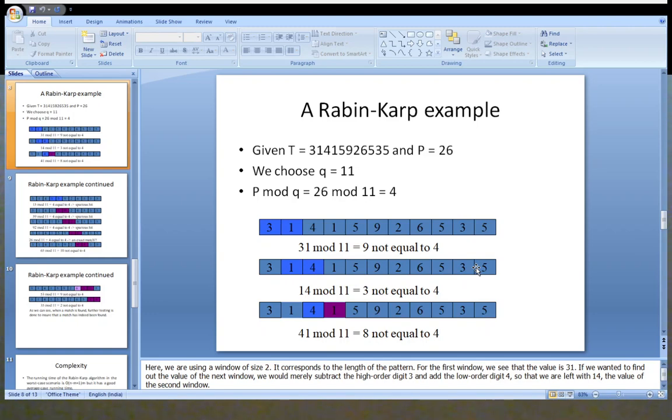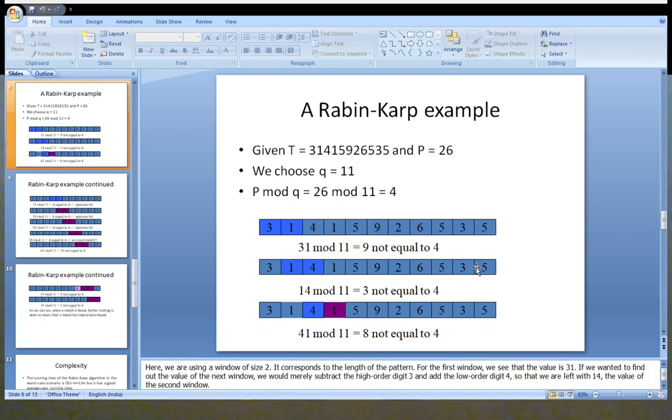The pattern mod q is equal to 4, and for the given text 3141592653, we shall derive the modulo starting from the very left side. Obviously, the length we consider will be equal to the pattern length, which is 2.